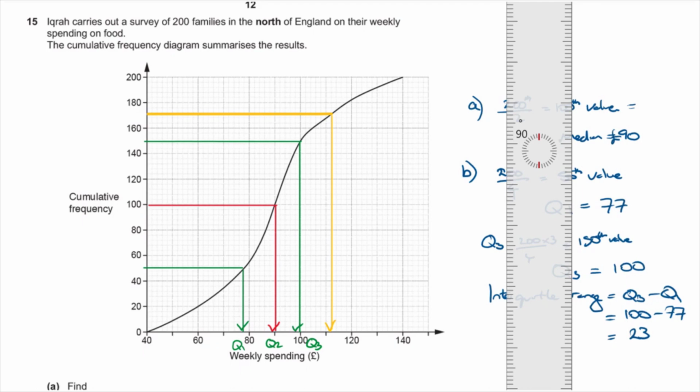What's that then? That's 112, which is a bit lower than what she thought, isn't it? So you can say that the top 15% spent over £112. I suppose it can't be true then that they're over 120, because some of those are going to be spending less, aren't they?